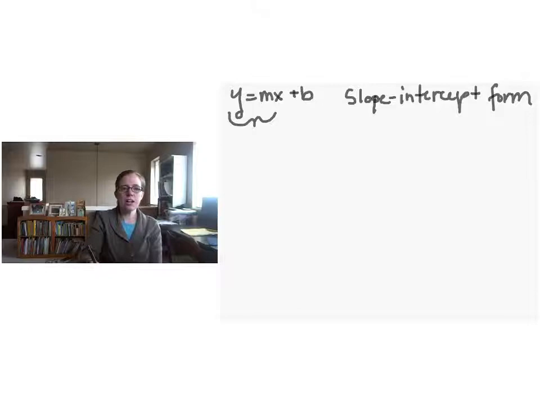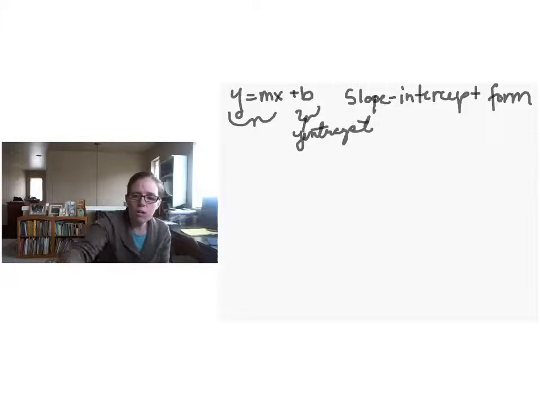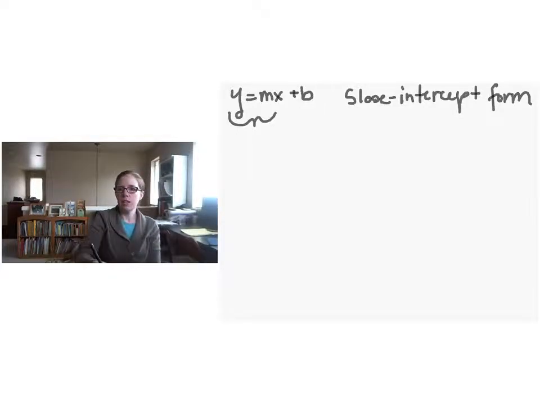The plus b is actually our y-intercept. So we know, before we were starting at 0, 0, and with y equals mx plus b, it tells us where it crosses the y-axis. So we can start there.